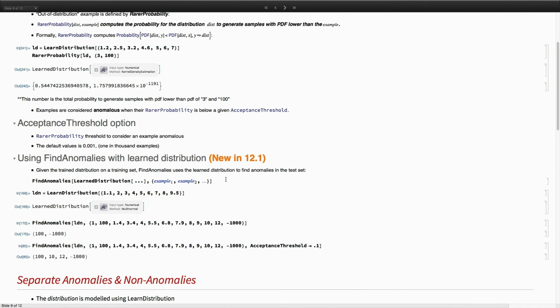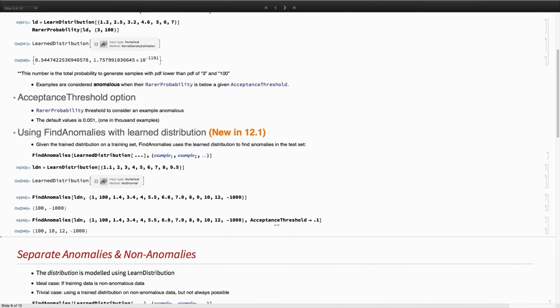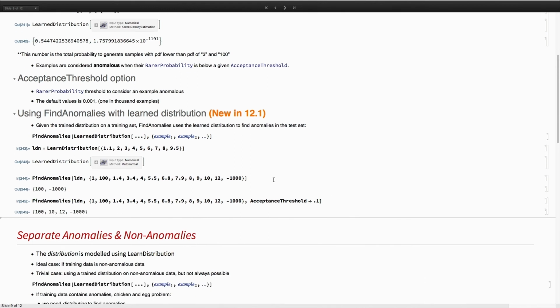So we use this mechanism to design the find anomalies function, which you can give a learned distribution as the first argument and the examples that you want to find the anomalous ones in as the second, and it gives you the anomalous examples, and you can also change the acceptance threshold and so on. But you can also directly use find anomalies as here on the data.